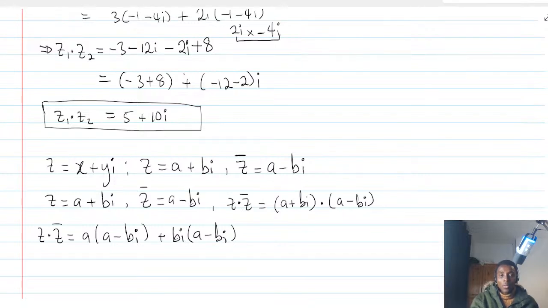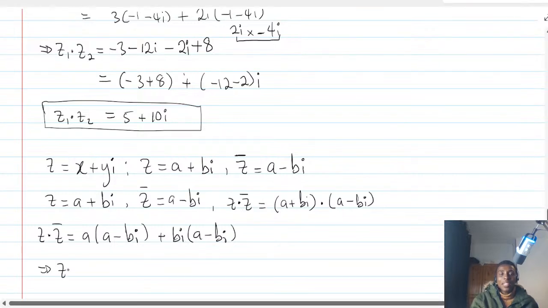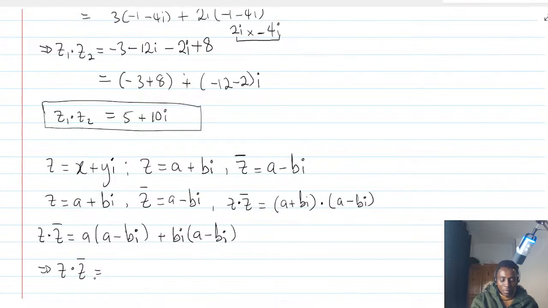So now, if we multiply z by z bar, what do we get? We are going to get a squared minus abi, and then this one also gives us plus abi, minus what? bi squared.